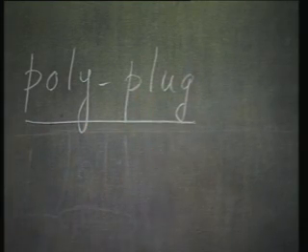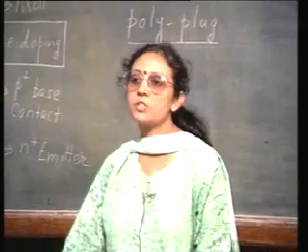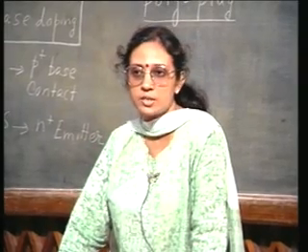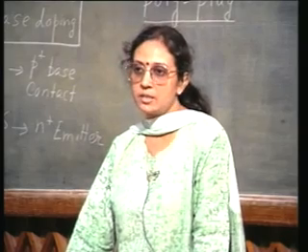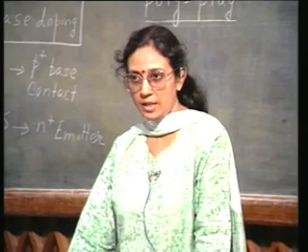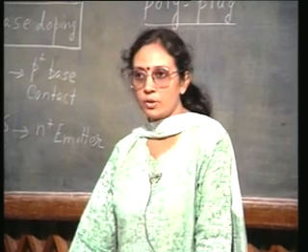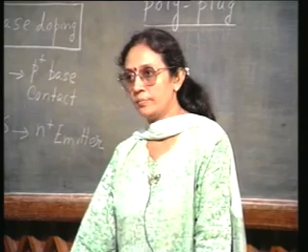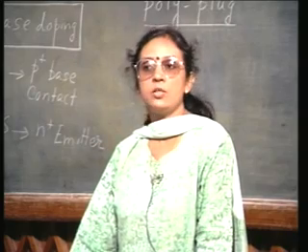A poly plug is somewhat similar in concept to the trench isolation. Do you remember what we had in a trench isolation case? What did we have? We first etched a trench in the semiconductor material, right? And then after growing the thin sidewall oxide, we filled up the trench with undoped poly, and then we sealed the trench with a top thin oxide layer.